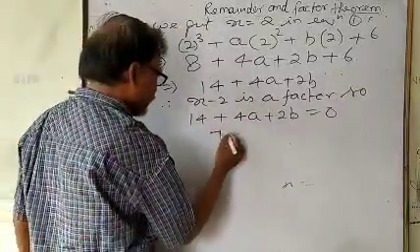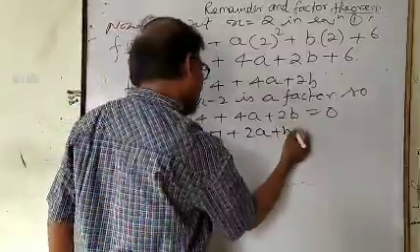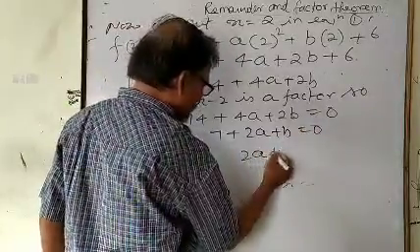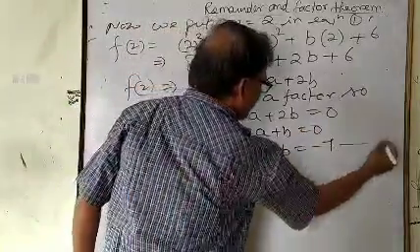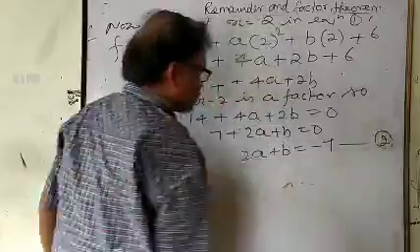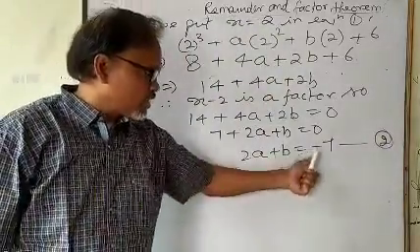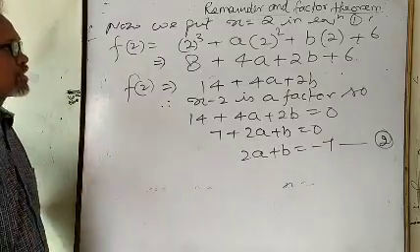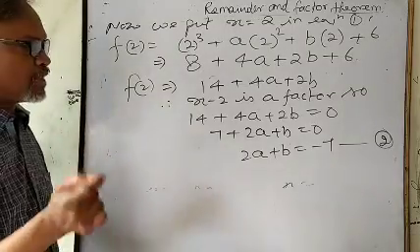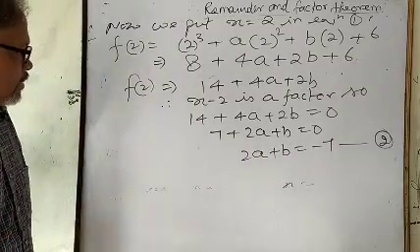So you will get 7 plus 2a plus b is equal to 0, or 2a plus b is equal to minus 7. This is equation number 2. In a and b, you have one equation. It means one more equation you will get when you divide by x minus 3.